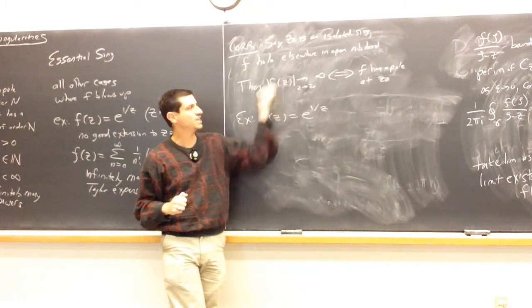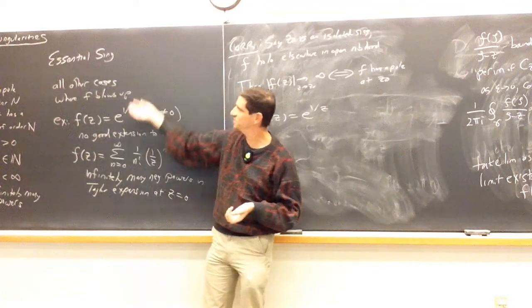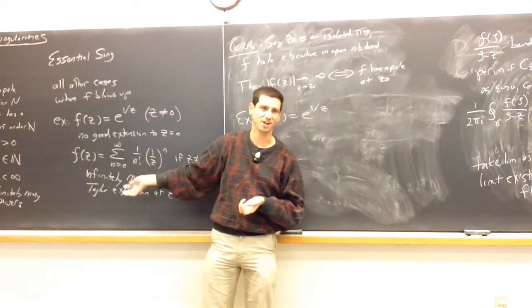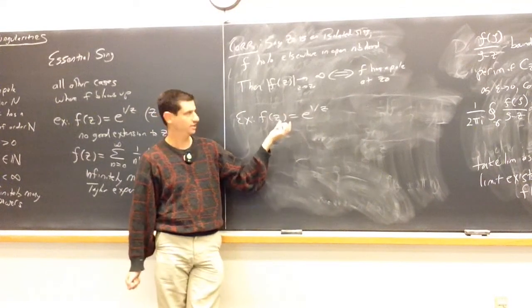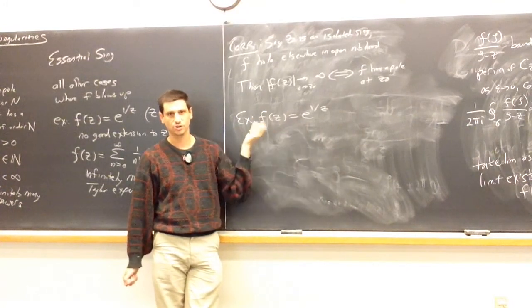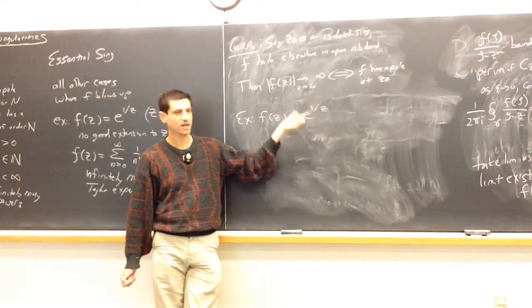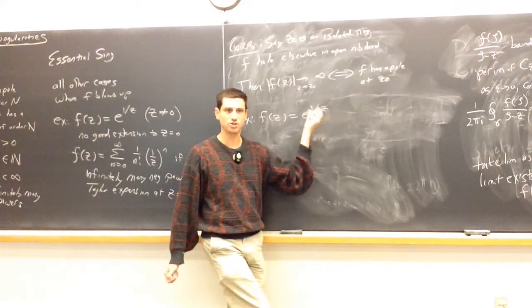If so, that means it has to have a pole. And since we're using this as the stereotype of the essential singularity, which is everything else, this should not go to infinity in absolute value for all choices of z going to z naught, for all choices of z going to 0. Can someone give me a choice of z where the absolute value does not blow up?